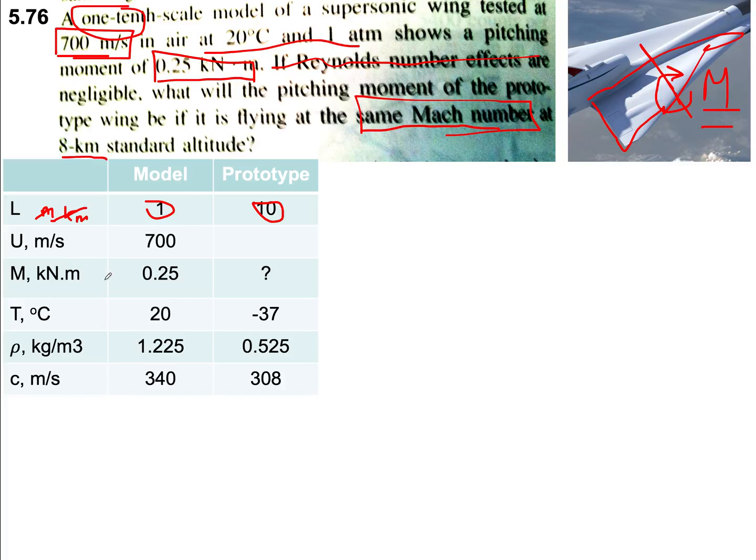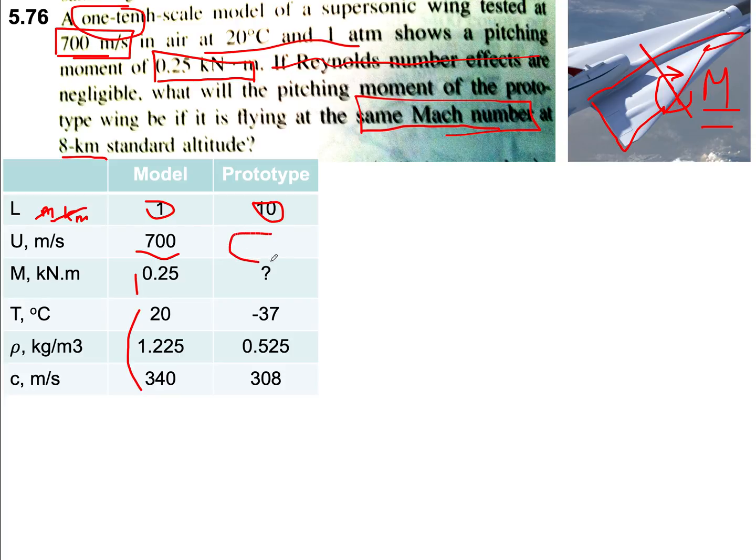Then we know that the speed for the toy model in the supersonic wind tunnel is a 700 meter per second test speed, and that's the pitching moment that we found. And here are the flow properties in the lab: 20 degrees C, 1.2 kilogram per meter cubed density, and a speed of sound of 340.